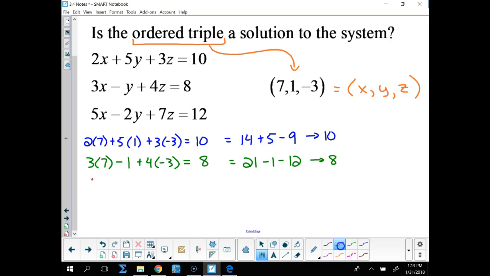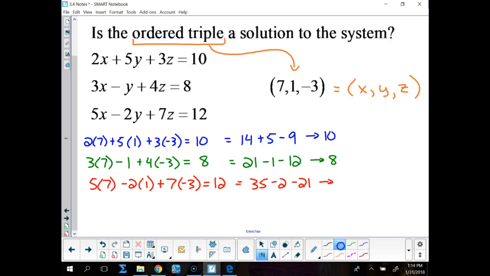Then lastly, we've got to go 5 times 7 minus 2 times 1 plus 7 times negative 3, and that's got to be 12. So that is 35 minus 2 minus 21, and that has to be 12. 35 minus 2 is 33, minus 21 is 12. So it checks out in all 3. So yes, it is a solution.